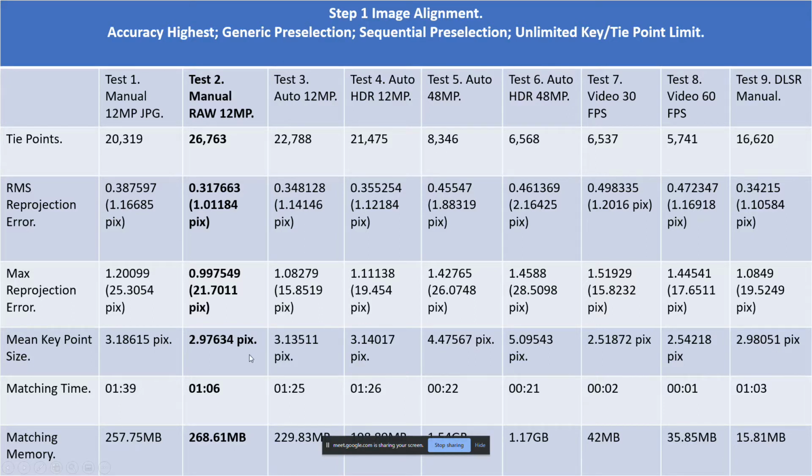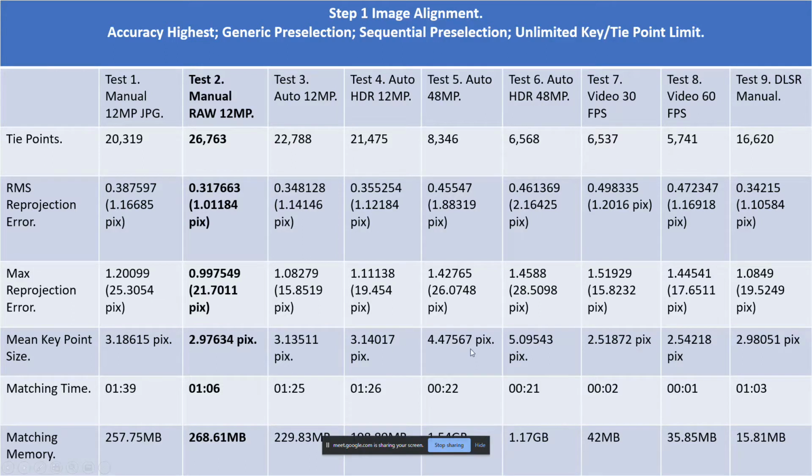But if a point was only observed in, say, 2 photos, it would have a higher mean key point size. Generally, with all of these, RMS reprojection, max reprojection, and mean key point size, you want a smaller value.